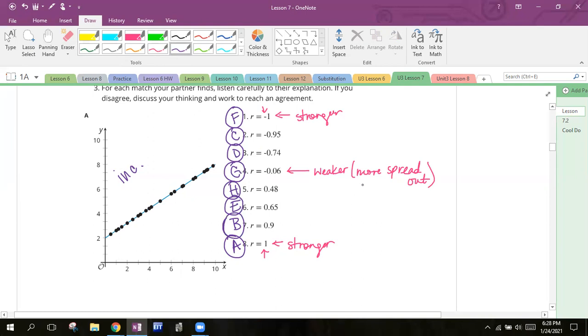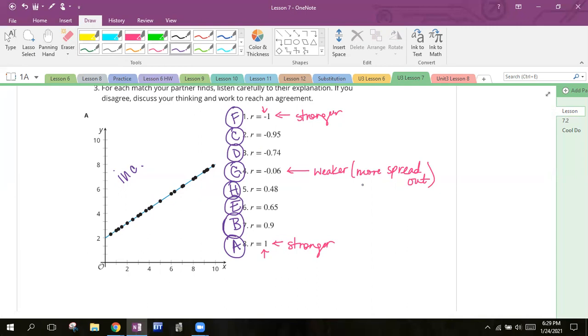That shows you exactly how strong the relationship is from the line and the data values. So once again, the correlation coefficient is a way to qualify the strength of the linear relationship.